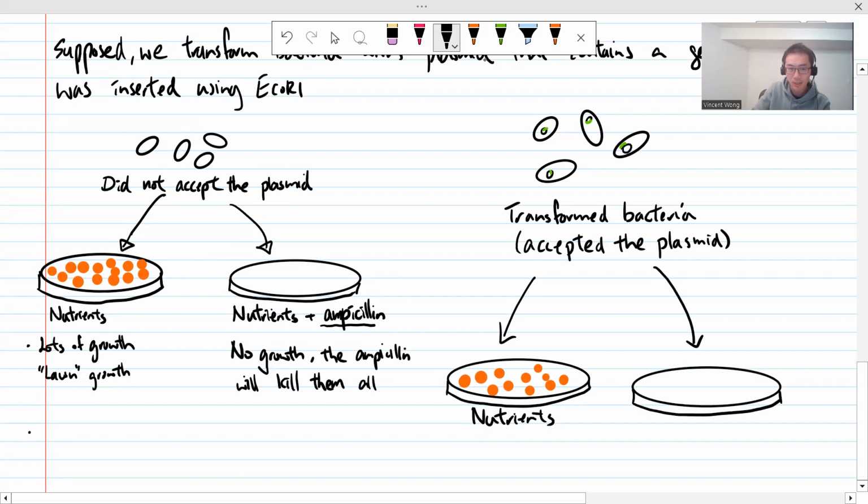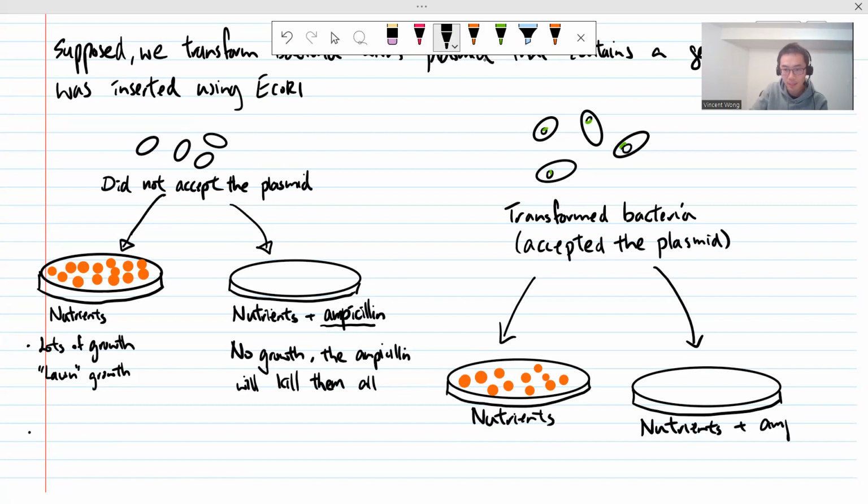All right. What about with the antibiotics? Nutrients plus ampicillin. This is the antibiotic. You think they're gonna grow? Let's do the poll this time. No, no growth. Okay. Anyone else? Let's just do the poll. I want to know what you guys think. A for growth, B for no growth.